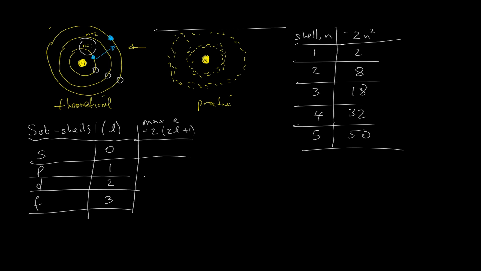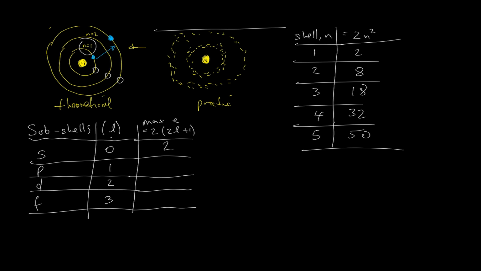So we can work out how many electrons are going to be in the S shell. S is 0, of course, and that's L. So replace L with 0. 2 zeros is nothing. There's 1 in brackets. 2 times 1 gives us 2.